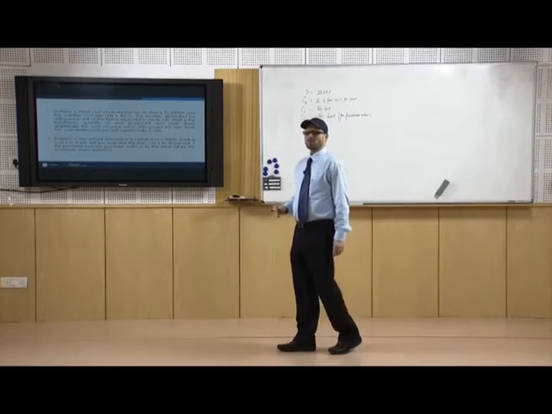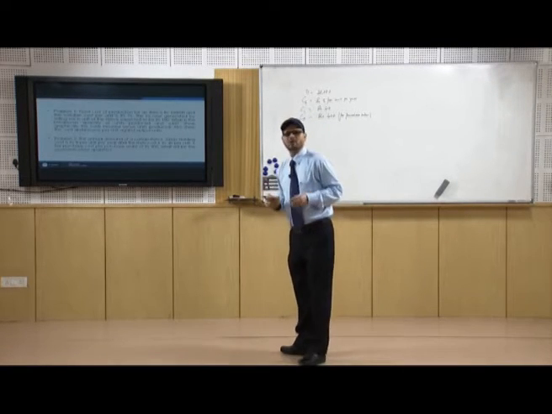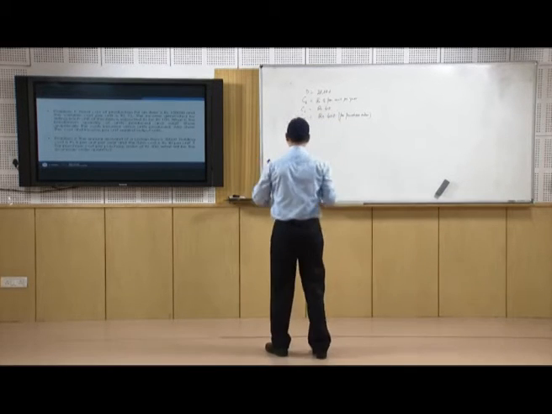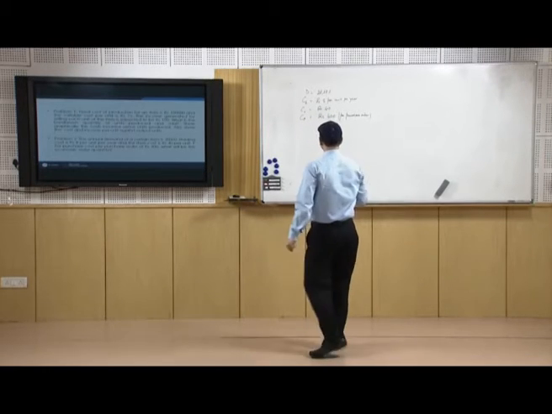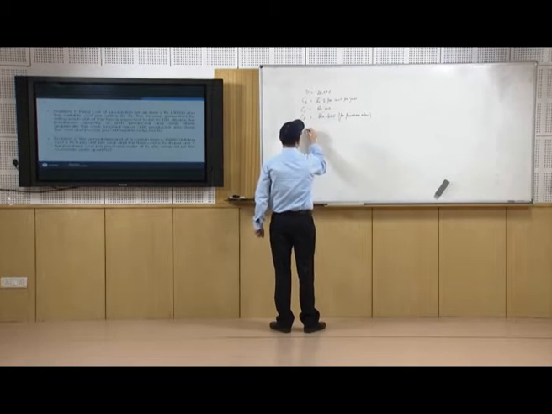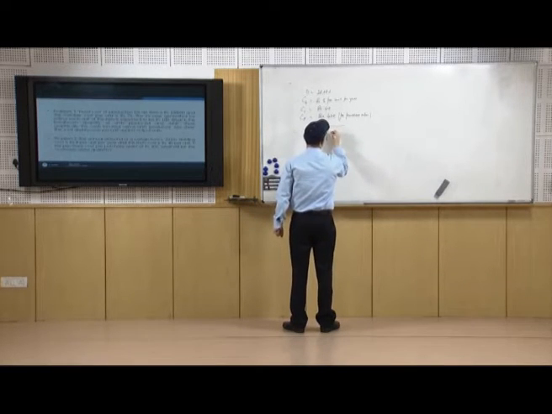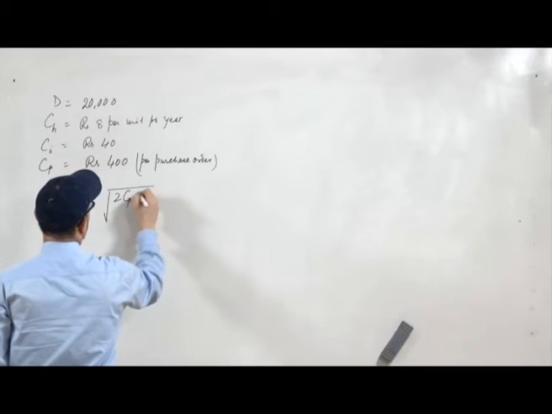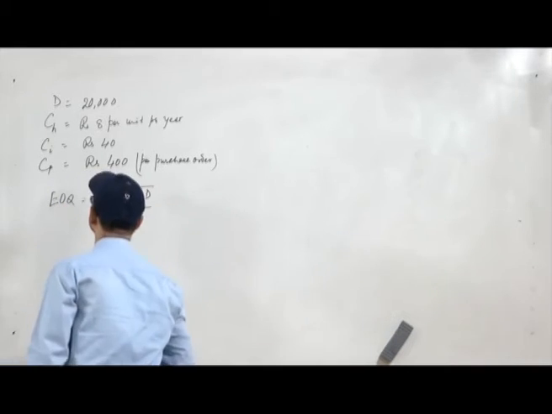For such problems, as we have discussed, we can have the expression for the total cost, and we have the expression for economic order quantity. So, economic order quantity, as we know, is under root 2 Cp into D upon Ch.